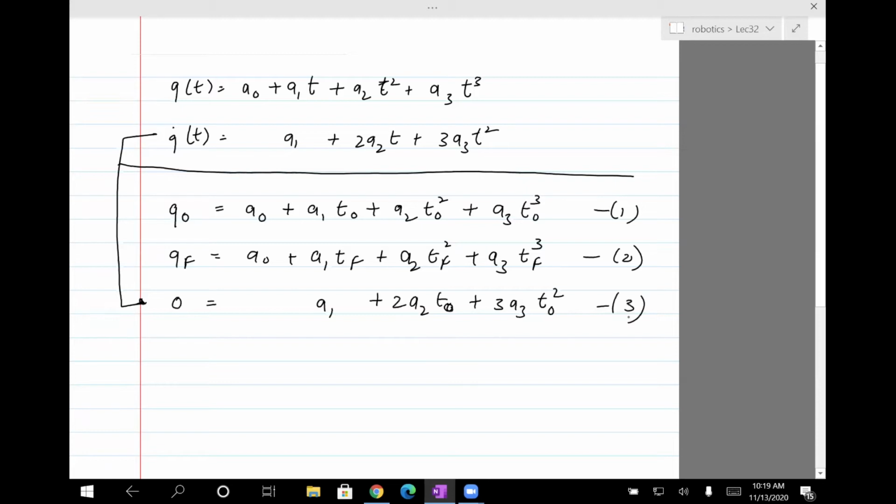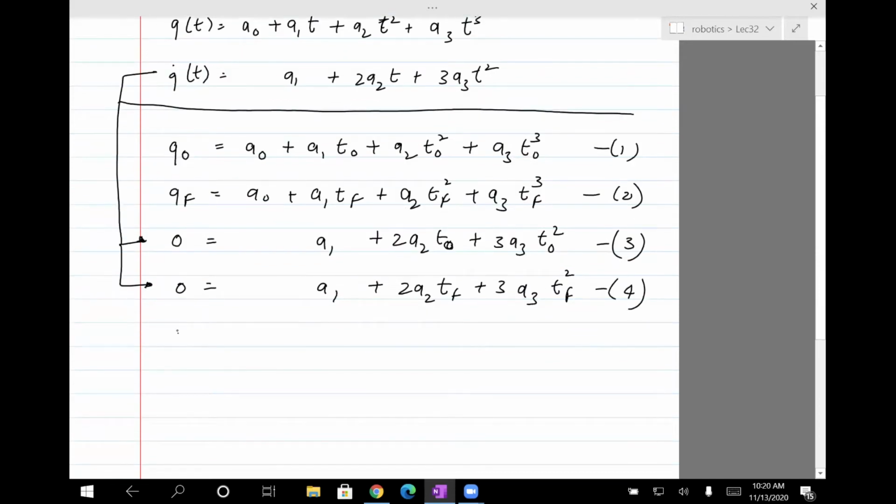And then finally I put t equals tf to get 0 equals a1 plus 2a2 tf plus 3a3 tf square. This is 4. Okay, so we have 4 equations, 4 unknowns, and so we can solve for those 4 unknowns.